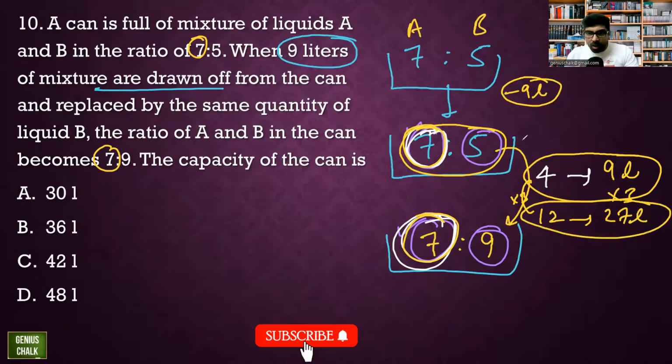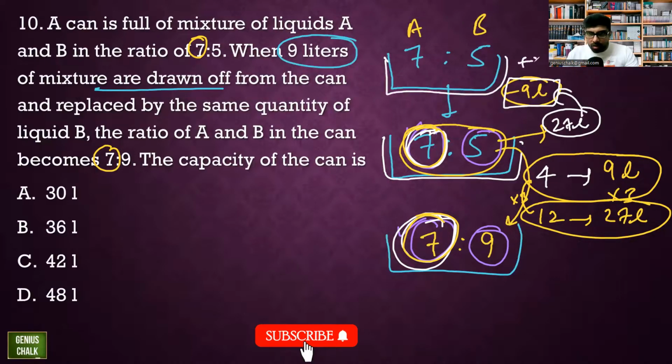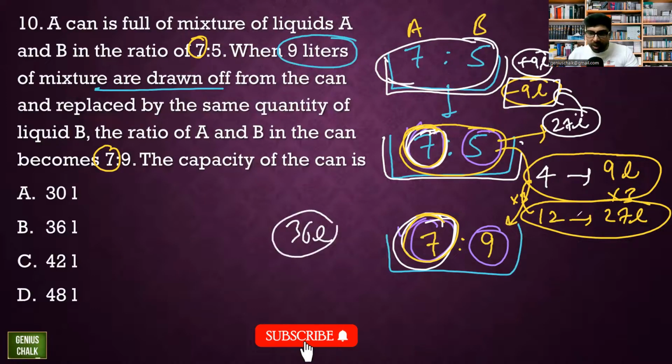That means up to here, we have 27 liters in this bucket. But before that, we have taken 9 liters out. That means before this, we must have 9 liters extra. So 27 plus 9, this value will be 36 liters.